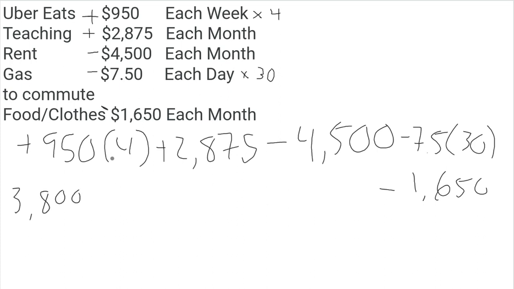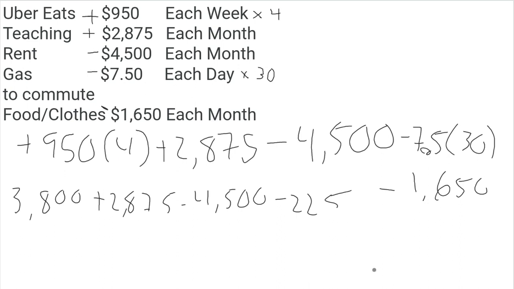So 950 times 4 is 3,800. Plus my teaching salary, minus rent, minus my gas, which gets me to $225 a month, and then minus how much I spend on clothes.